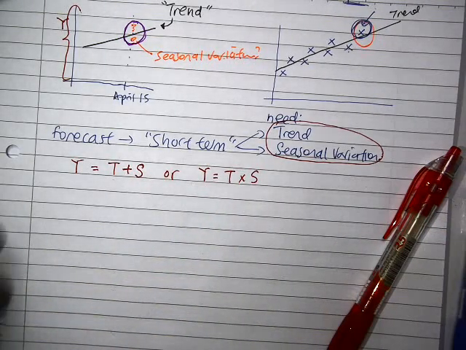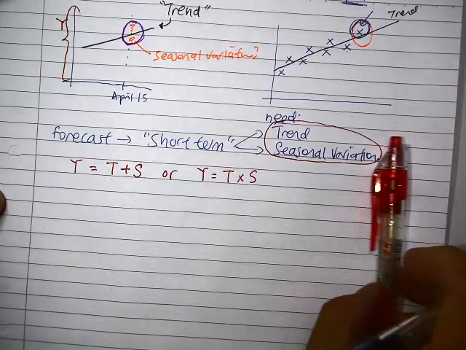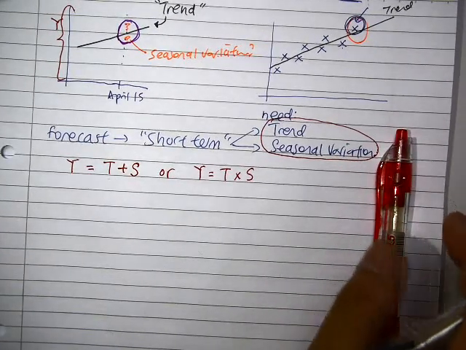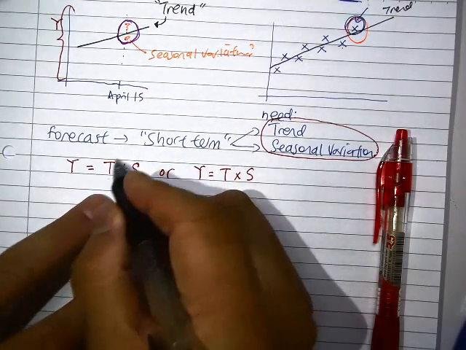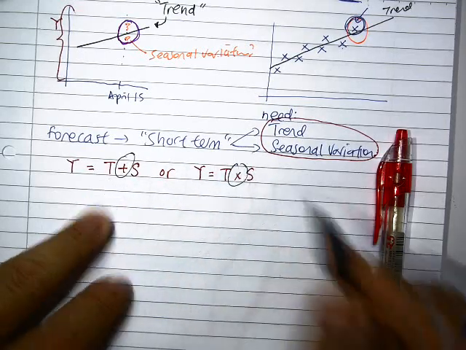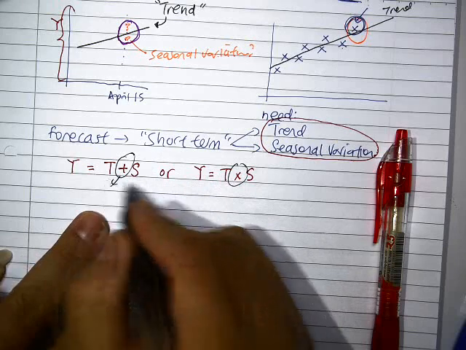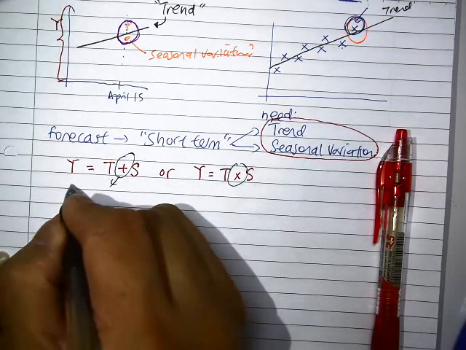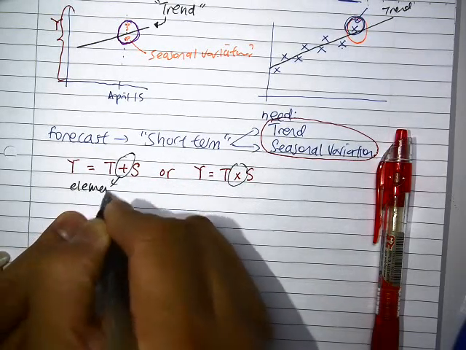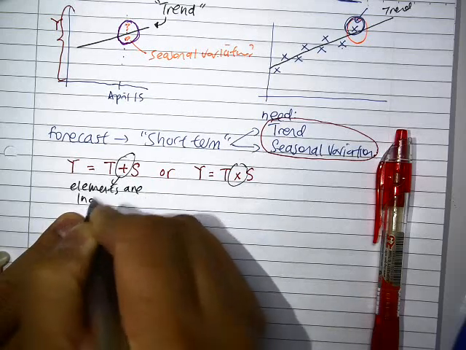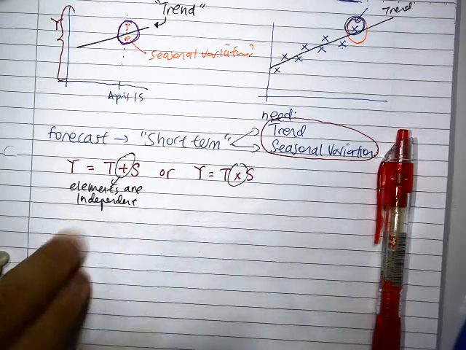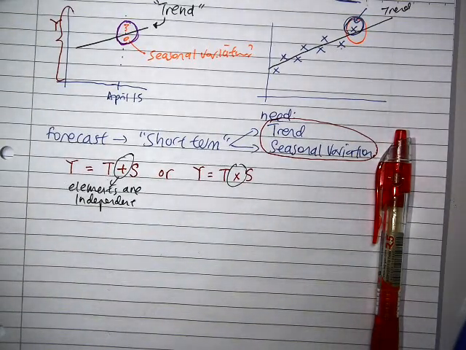Now actually time series is a very technical analysis. Whatever we learn is so narrow. Okay. Now why we use a multiplicative or additive model? Now we use additive when the elements are independent. Okay, when the elements are independent.